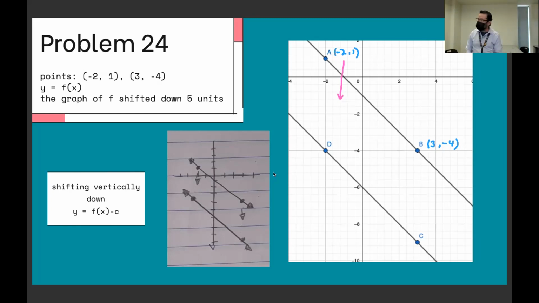It's being shifted down 5 units. Both of the points are being shifted down 5 units.